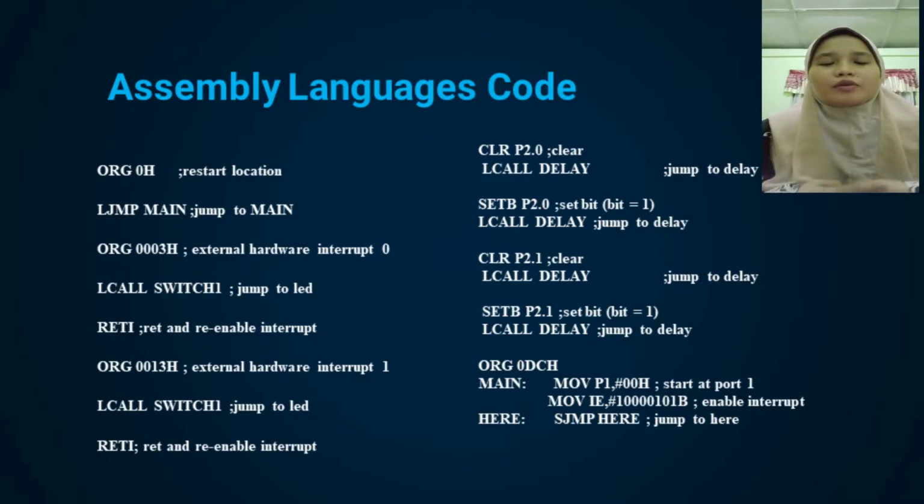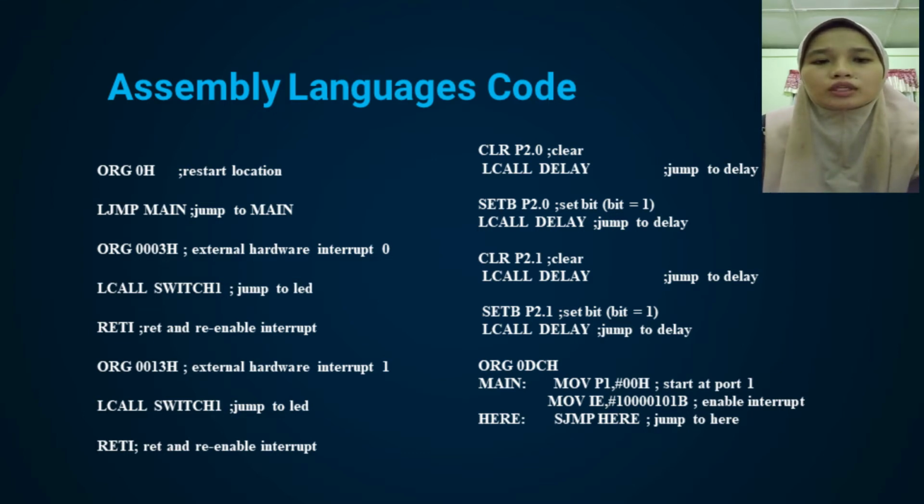For the assembly language code of the burglar alarm system, we start with the ORG 0H to restart the location. After that, we use the LJMP main, and then we declare the external interrupts, interrupt 0 and interrupt 1. For interrupt 0, we use 003H, and after that, we use 0013H.